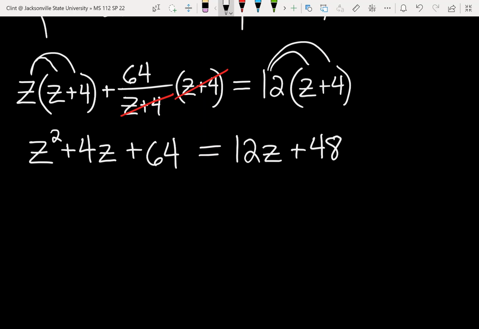And now we're in a more familiar territory. We just have a quadratic equation left. So I'm going to move everything over to the left side and see where I'm at after that. So my z squared can stay. Then I want to subtract 12z from both sides. So 4z minus 12z, negative 8z.